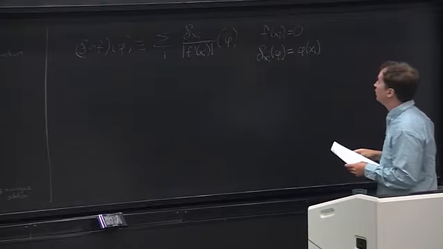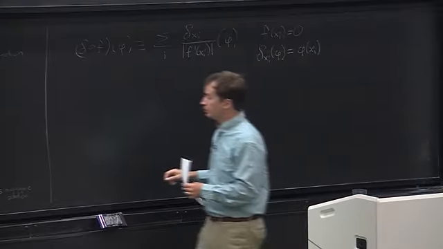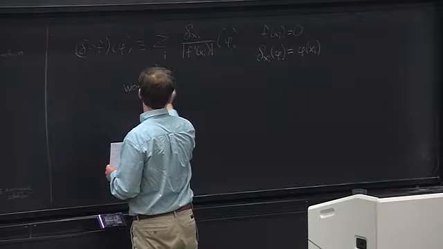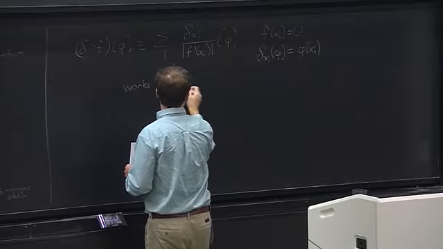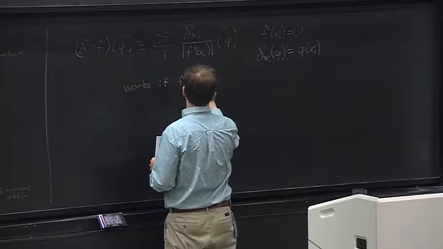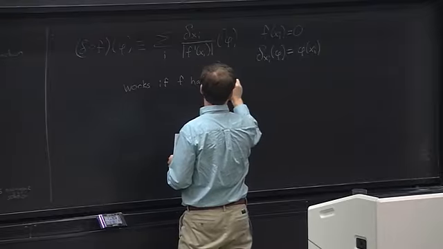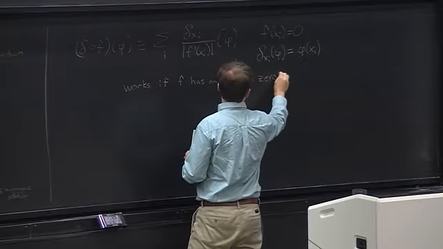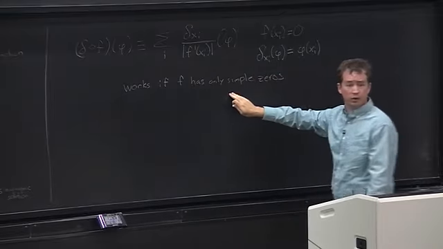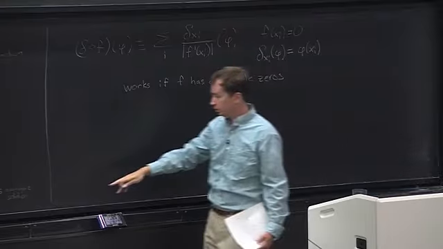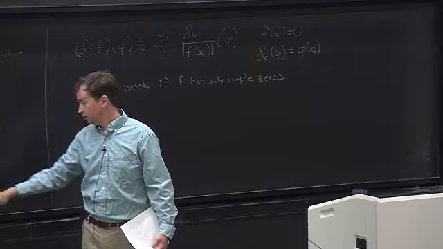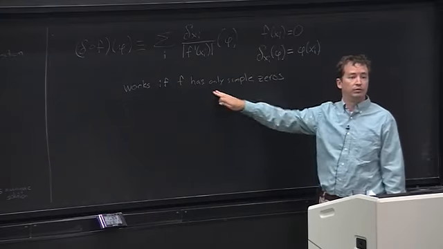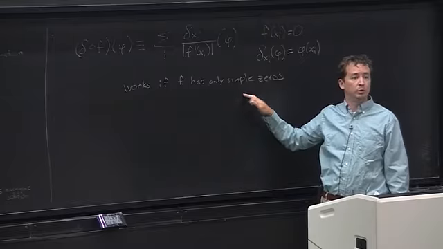And this works if f has only simple roots. So this is a slightly weaker condition. We can allow f inverse to not be unique, but it does fail if there are multiple roots.